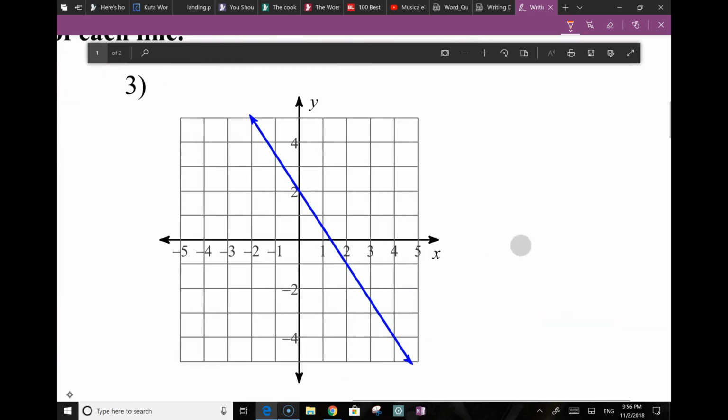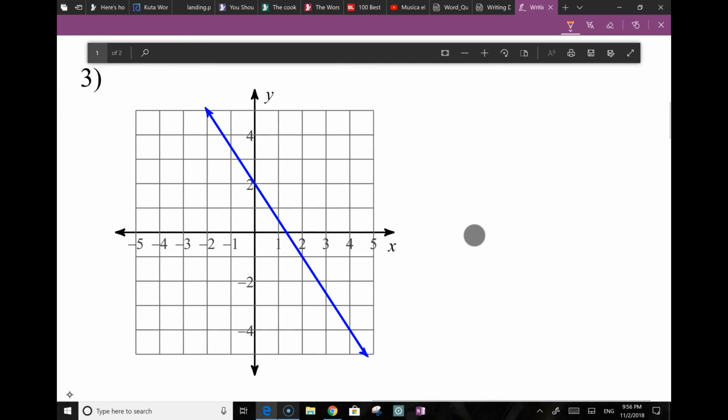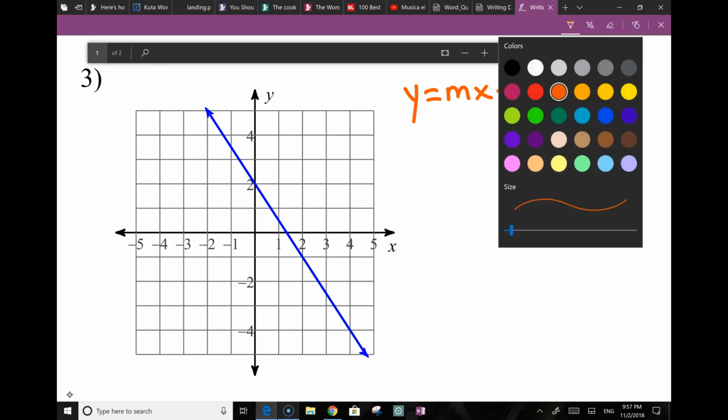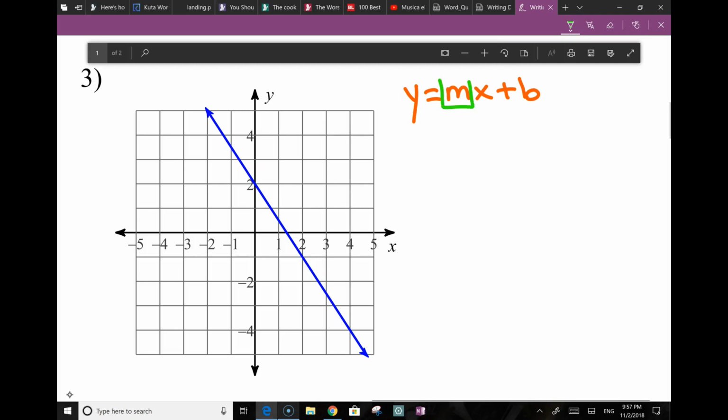So here I need to write the slope-intercept form of this line. When you have a graph, you want to keep in mind, if slope-intercept form is your ultimate goal, keep in mind the two things that are most important in order to complete this equation, which once again are the slope and your y-intercept.